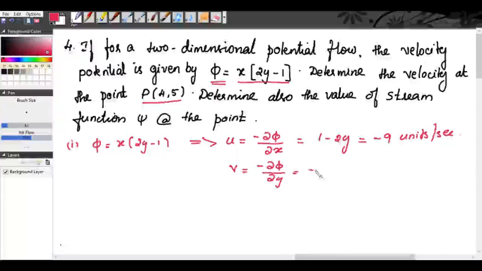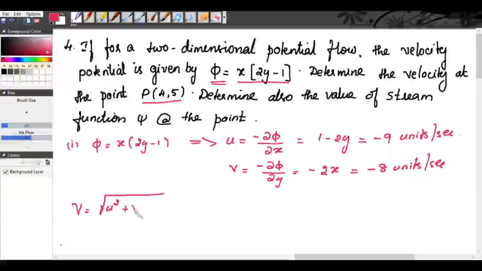So that will be equal to minus 2x. So substitute x is equal to 4. You get minus 8 units per second. Now our resultant velocity v will be equal to square root of u square plus v square. You substitute the value, you will get the resultant velocity at point P, 4, 5, as 12.04 units per second. So this is your first part.